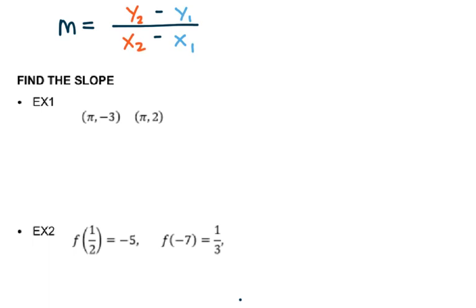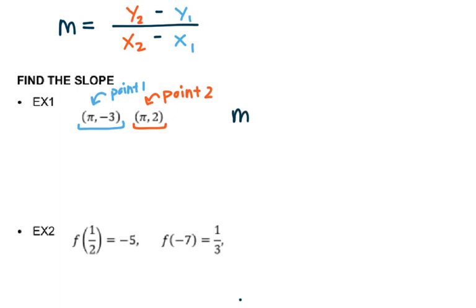So looking at this, I have two ordered pairs. I'll call this my point 2 merely because it comes second, and I'll call this first one point 1. Right, so we have an x and y from point 1 and an x and y from point 2.